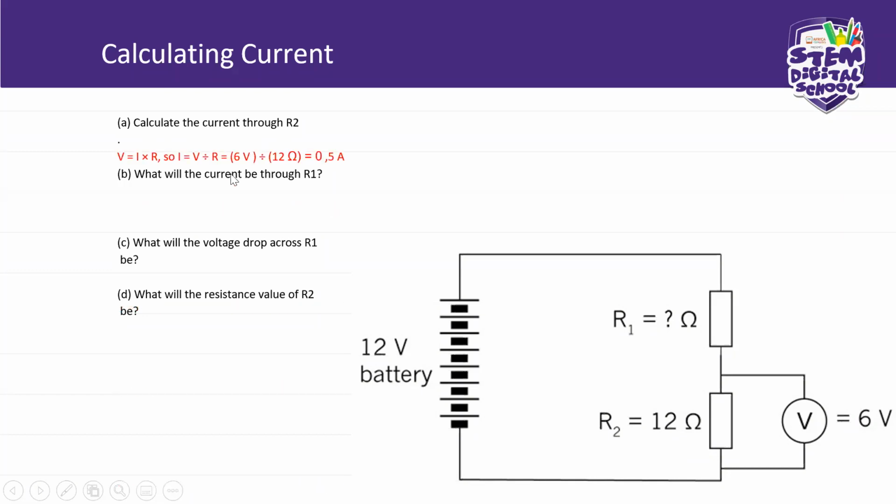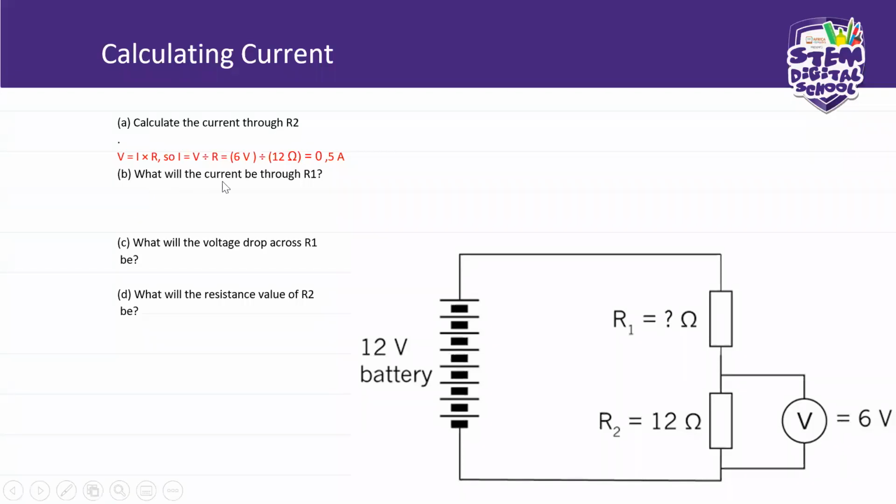Current equals volts divided by resistance, that is 6 volts divided by 12 ohms, then you get 0.5 amps. 0.5 amps is the answer.